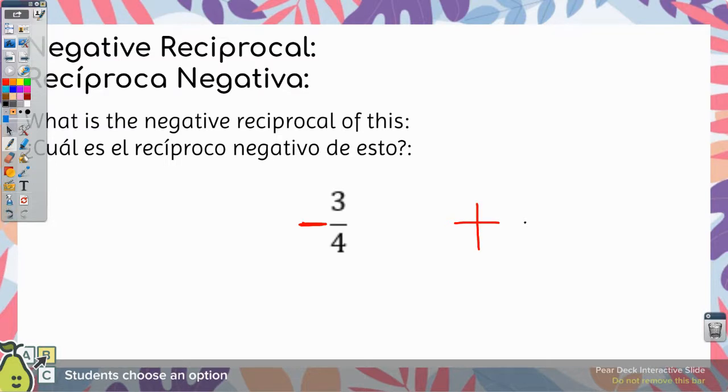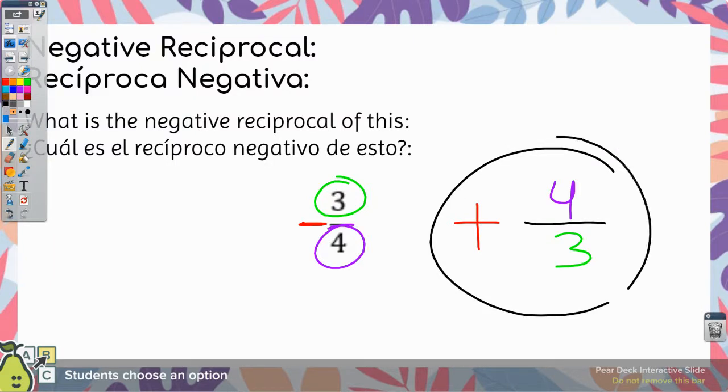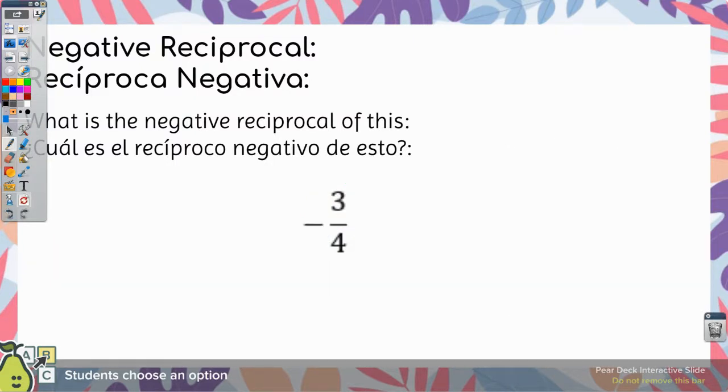Then we take the number in the numerator, the top, and put it in the denominator, the bottom. We take the number in the denominator and put it in the numerator. Boom. That's our answer. +4/3.